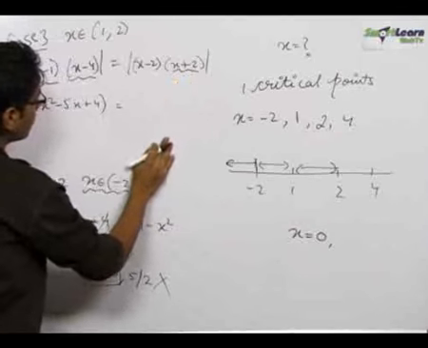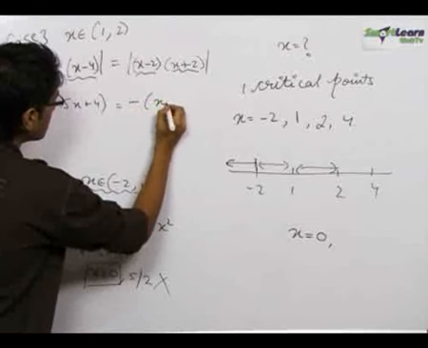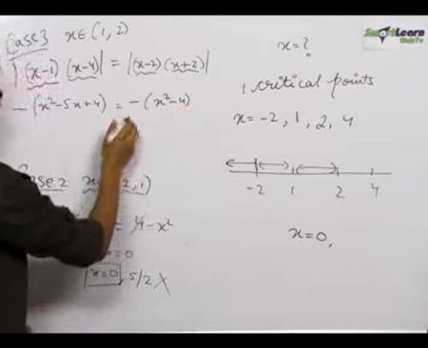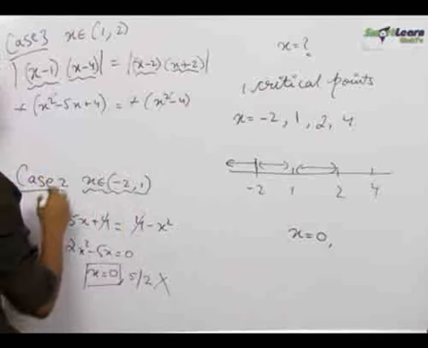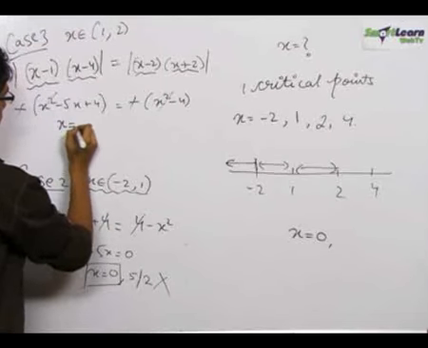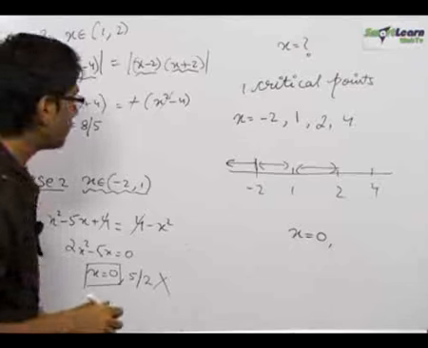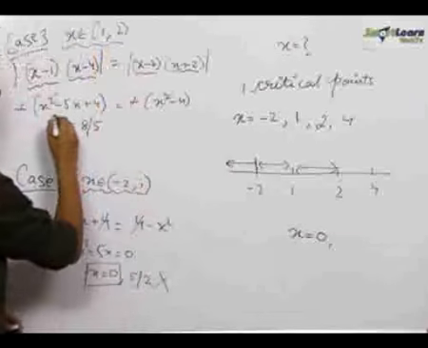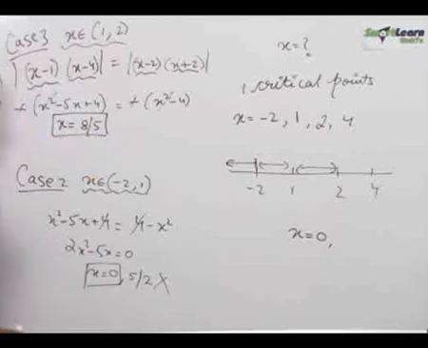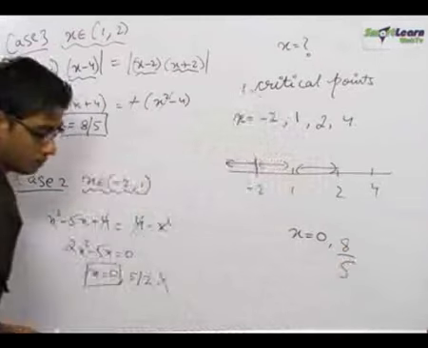This is positive, this is negative, so this will open as minus times x square minus 4. This cancels out, these cancel out, so we get x equals 8 by 5, and we can clearly see x equals 8 by 5, which is equal to 1.6, lies in the given interval 1 to 2, so we accept this solution. So we have got our second solution to be equal to 8 by 5.